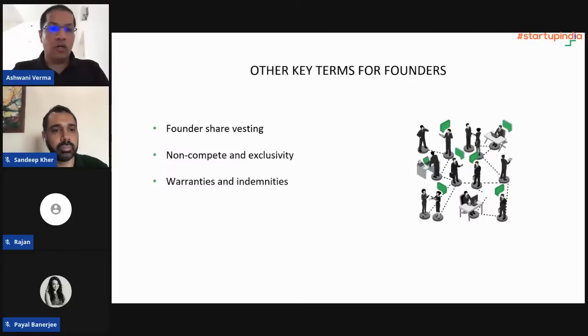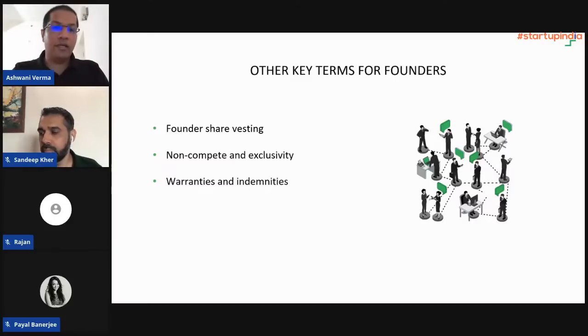Then moving on, non-compete and exclusivity. Exclusivity, once again, highlights the importance of the founders, and the investors expect them to invest all their working time in relation to the business the investors are backing. At later stages, there are certain exceptions provided to this exclusivity obligation, but in early stage companies, the founders are expected to invest all their time with the investee company.